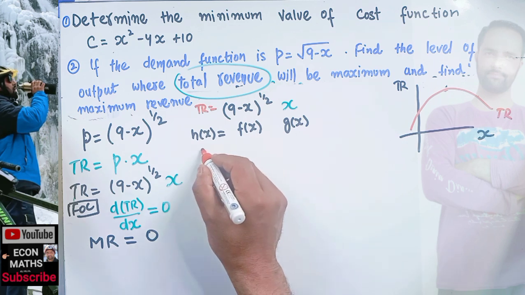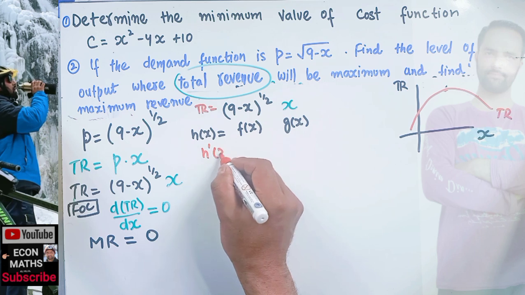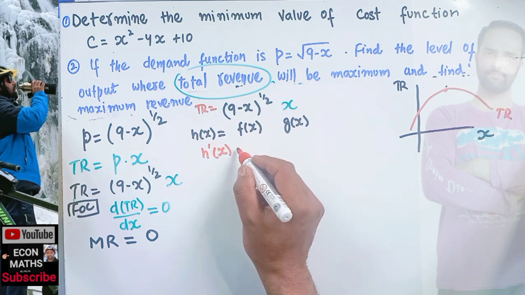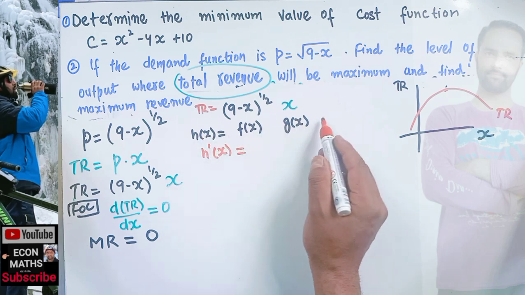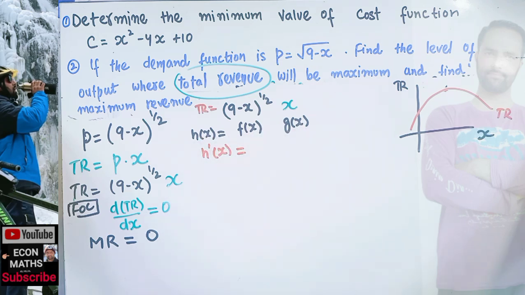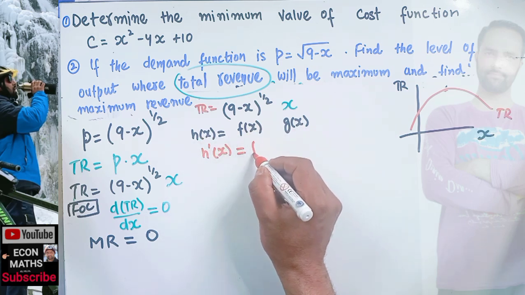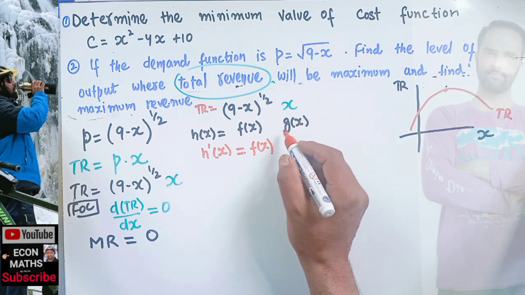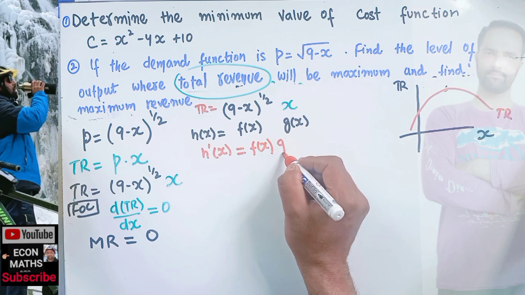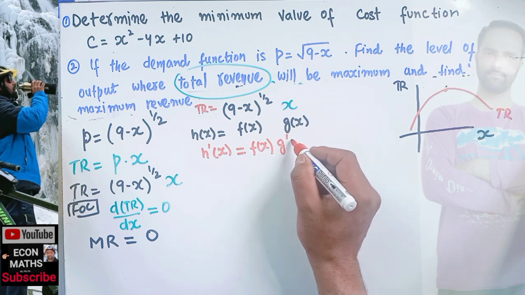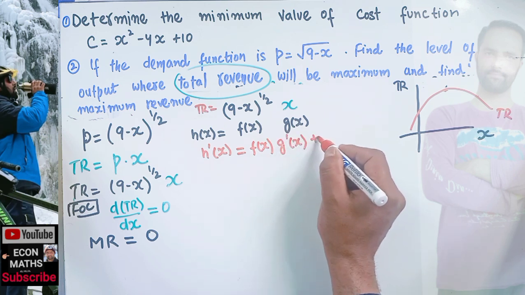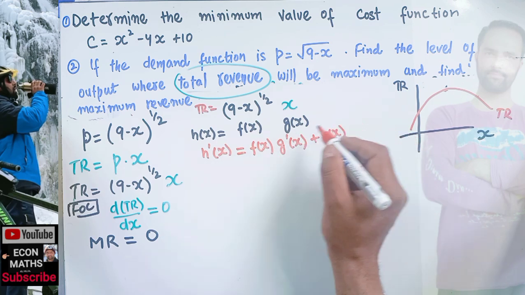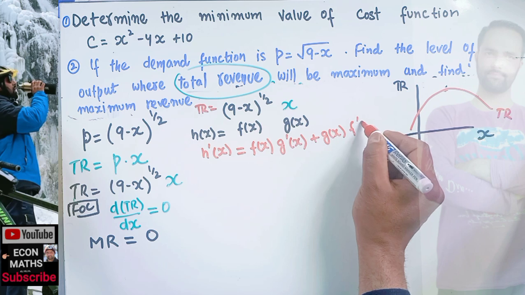Let us denote h dash x, the first derivative. Then the first derivative of this function will be equal to: we write the first function as it is, f of x, multiply by the derivative of the second function, g dash x. Then we write the second function as it is, g of x, and take the derivative of the first function, f dash x.